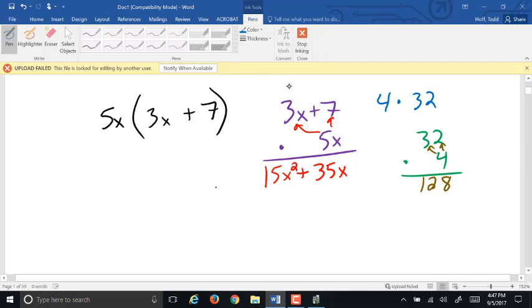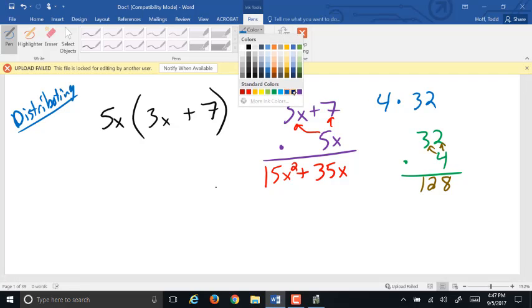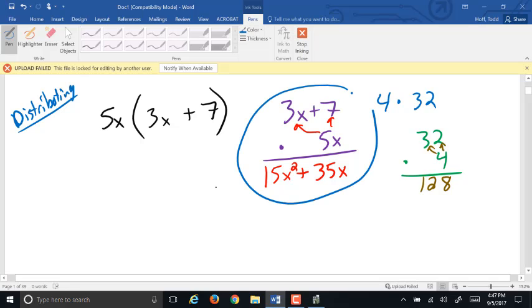Now, many of you have seen problems like this before. And I've heard of a thing called distributing or distribution. All that is a shortcut for this process here, where they take the 5x and they just multiply it through going backwards. 5x times 3x is 15x squared. 5x times 7 is 35x.